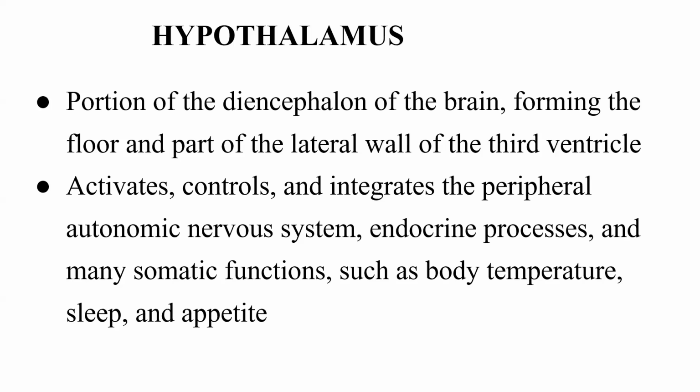Recall we said that basically they help to control the peripheral autonomic system. They are the core controller of every other endocrine process and many somatic functions, such as controlling of body temperature, sleep, and appetite.